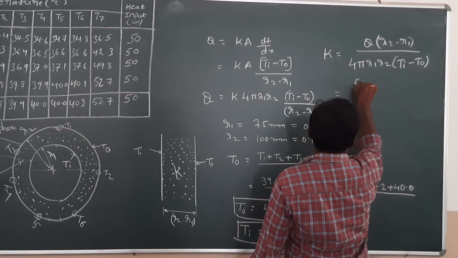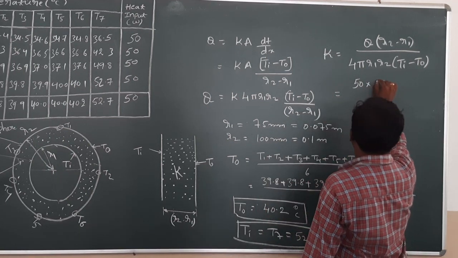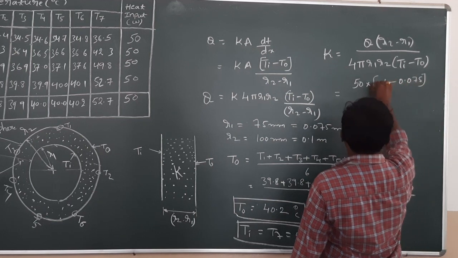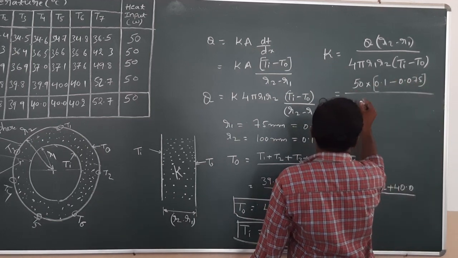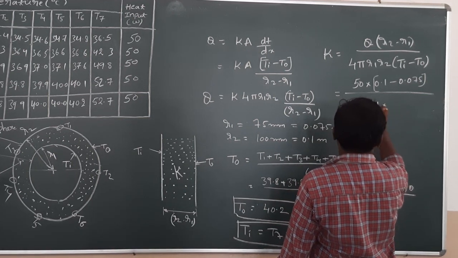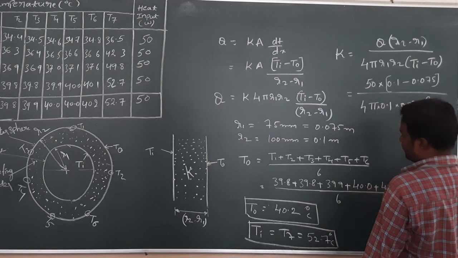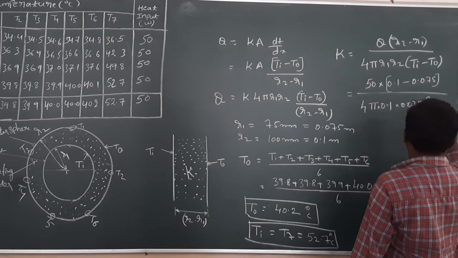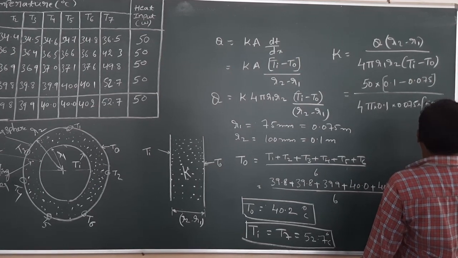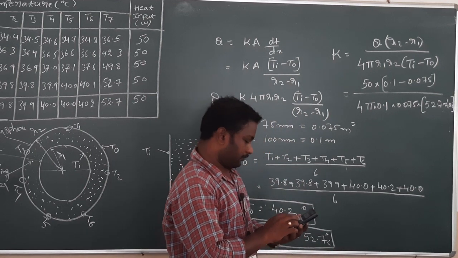Q means 50, whatever the input is given to the system, and R2 minus R1 is 0.1 minus 0.075, divided by 4 pi, R1 is 0.075, R2 is 0.1, and the temperature difference, that is inside temperature minus outside temperature, 52.7 minus 40.2. Calculate this value by using the calculator.